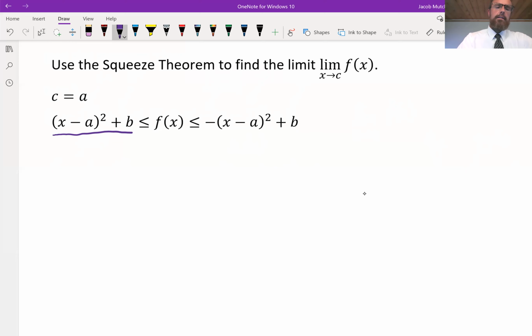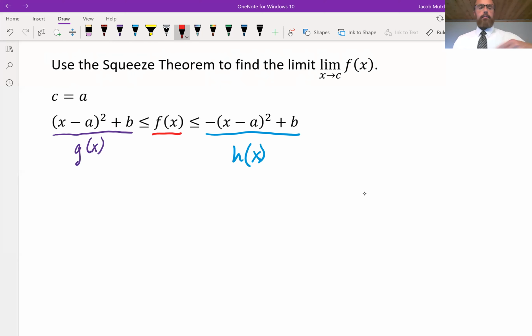So if I think that this one on the left is g of x, and this one on the right is h of x, let's keep our color coding consistent. And we're making a claim that f of x, its y values, are always between the purple and the blue function.